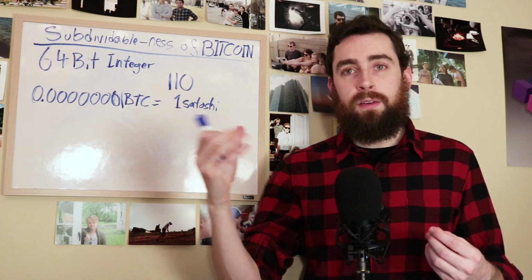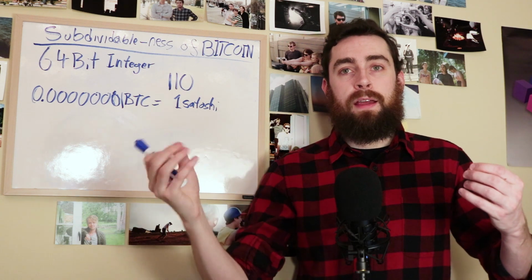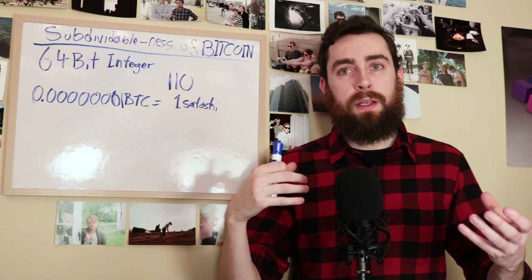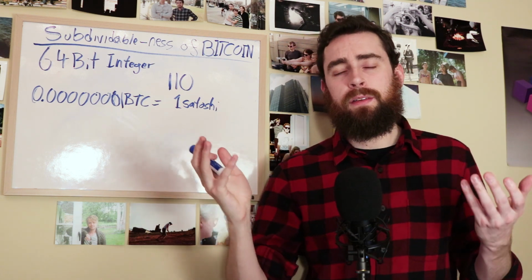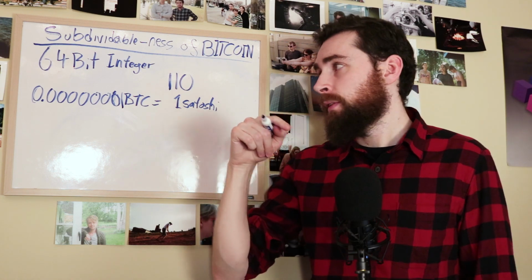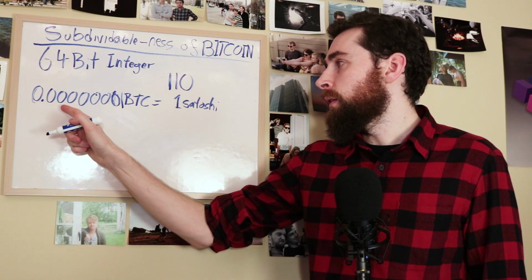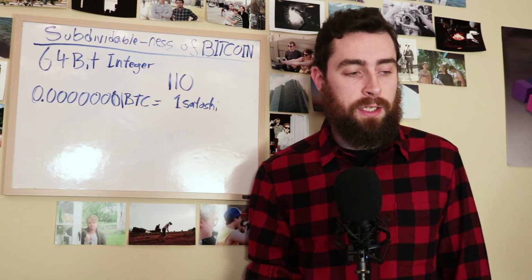And a Satoshi is to Bitcoin as a cent is to a dollar, only instead of 100 cents to a dollar, there's 100 million Satoshis to a Bitcoin. So 1 Satoshi is 0.00000001 Bitcoin.